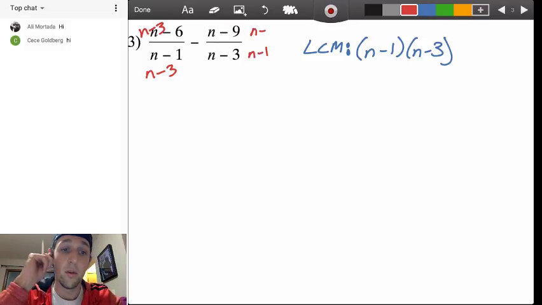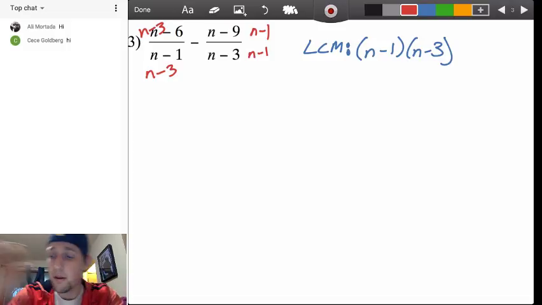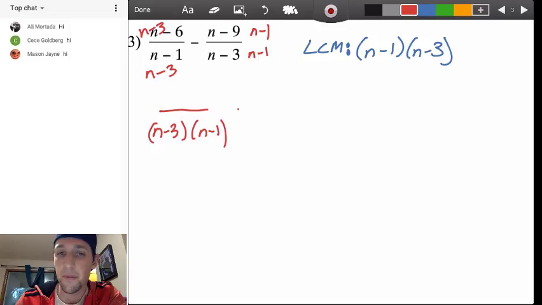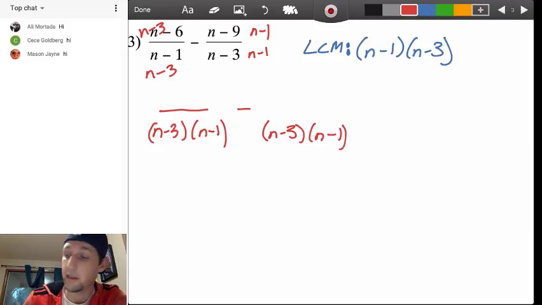So when we do that, in our denominators, and I will try to show a good bit of work here, we're not going to actually do the multiplication in our denominator. You can. It's not necessarily going to hurt anything, but if after you combine your fractions, any canceling were to happen, you would want that to be factored anyway. So I'm going to totally leave those just as they are.